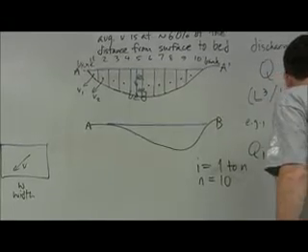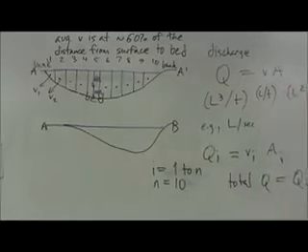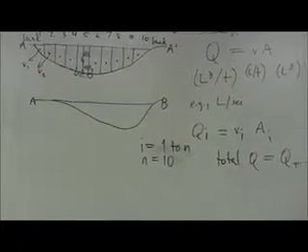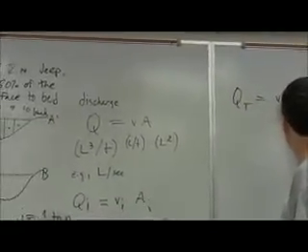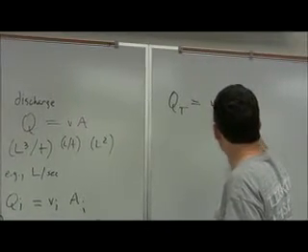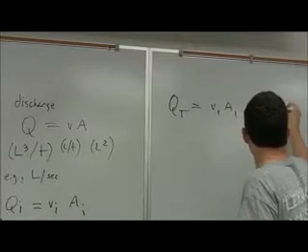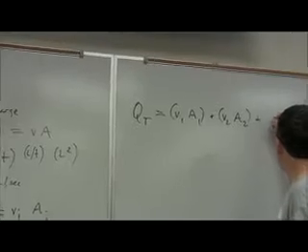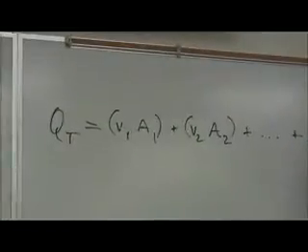Total Q we will call QT, capital T. So QT is going to be V1 A1 plus V2 A2, and so forth, plus Vn An.